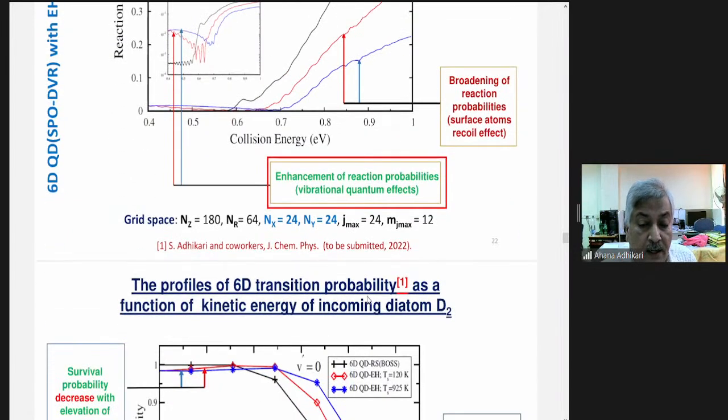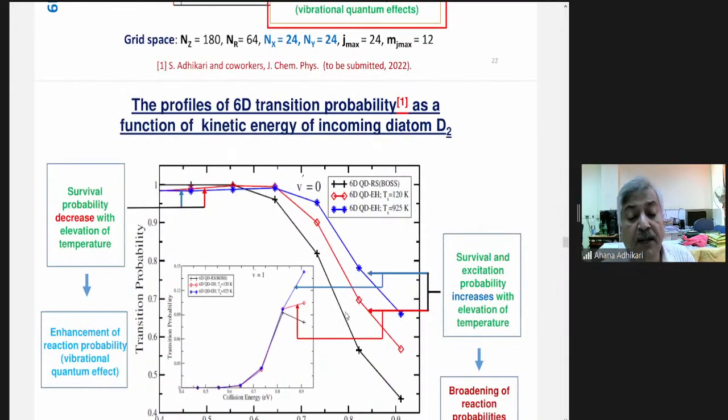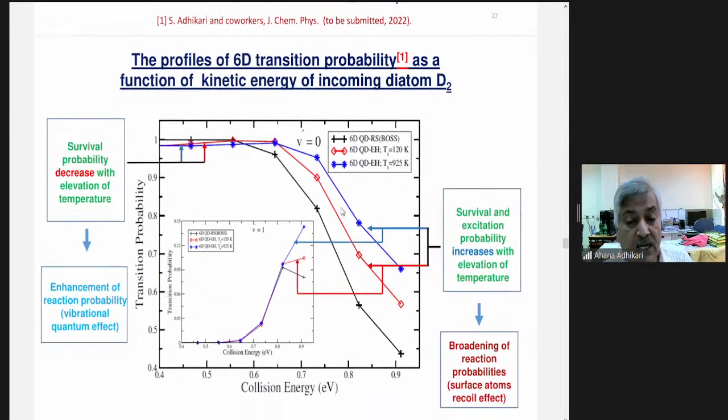Now these are the survival probability and excitation probability of the scattered molecule, and the molecule is D2 here, scattered from the copper 111 surface, and the trend is counterintuitive.